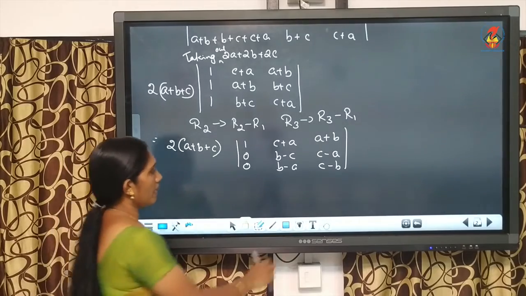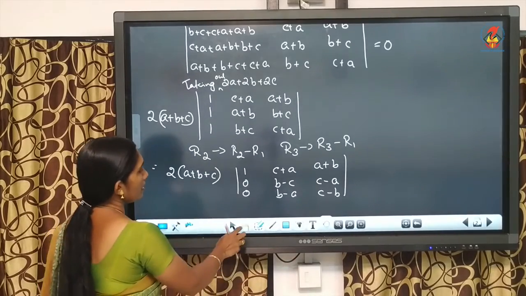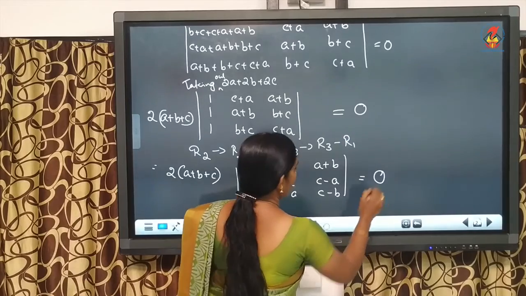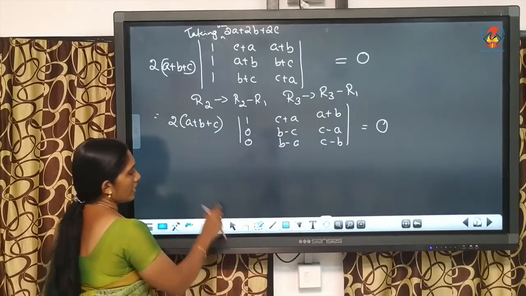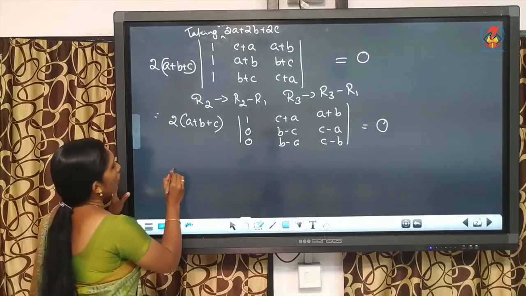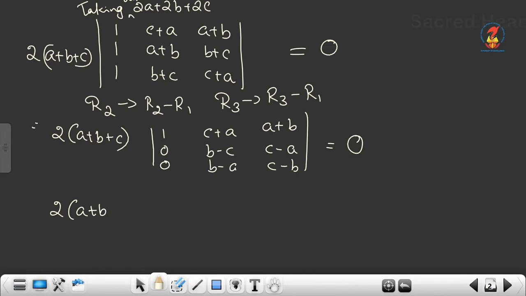Then you can expand, and also what is given in the question, this delta is equal to 0, that you have to write everywhere. Now, we just expand this. 2 times (A plus B plus C) into 1 into, expanding along C1.